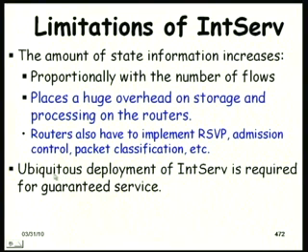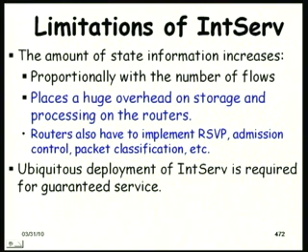And universal or ubiquitous deployment of IntServ would be required for a guaranteed service. So, all through the millions or billions of routers, they have to implement all these things, RSVP, admission control, packet classification, and the amount of information they would have to store is huge, and certainly a non-trivial task.